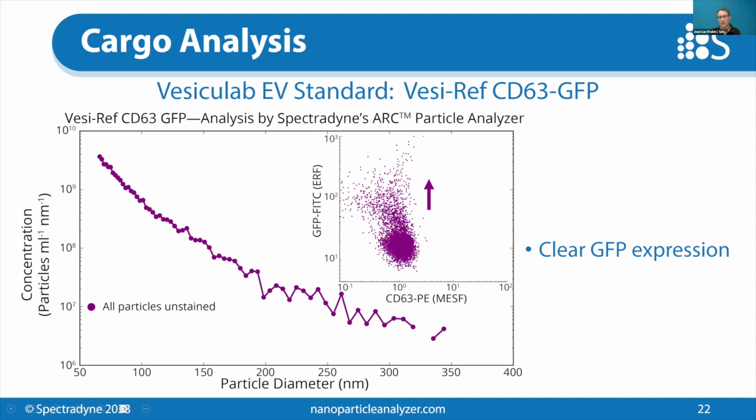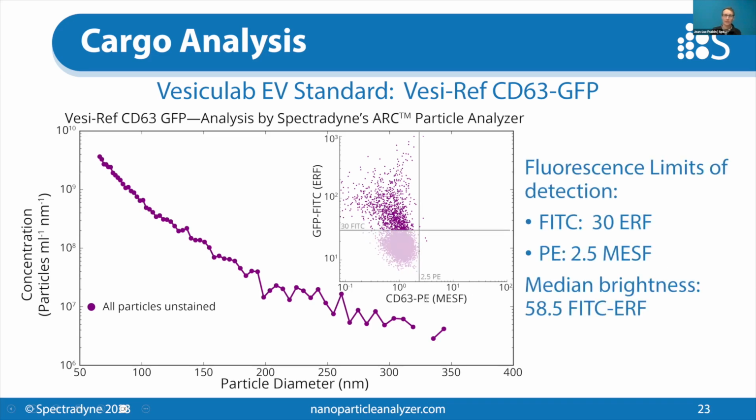So this inset figure is showing a point for every particle that's detected, okay? And we're plotting the brightness in the GFP channel, so one of our fluorescent channels, versus the brightness in our PE channel, this is a yellow one, for every particle that's being detected, right?